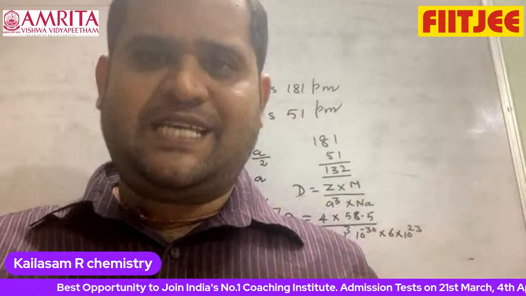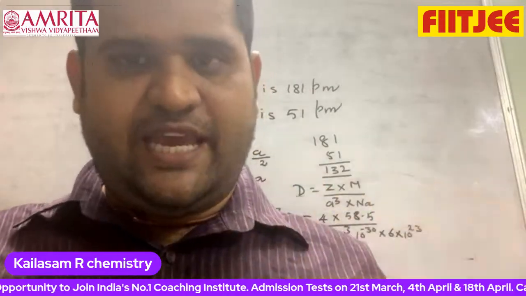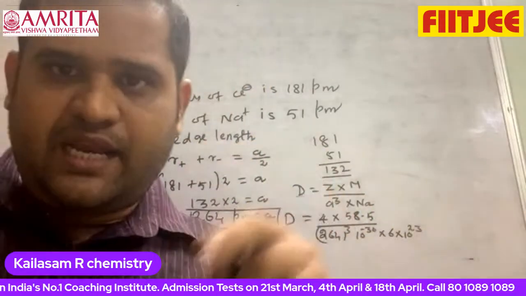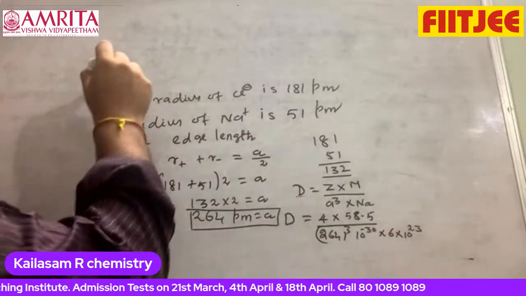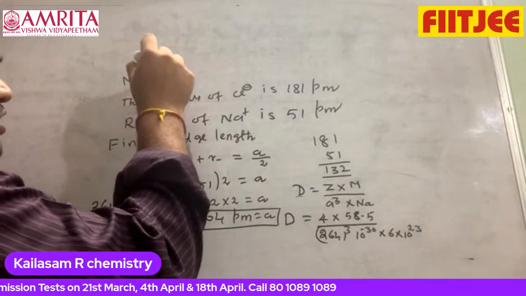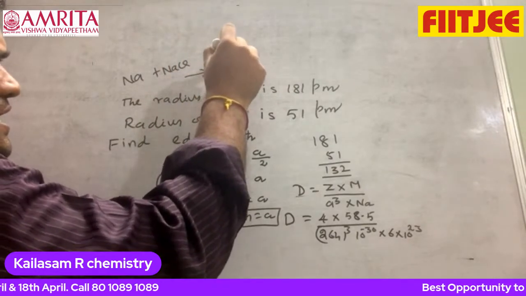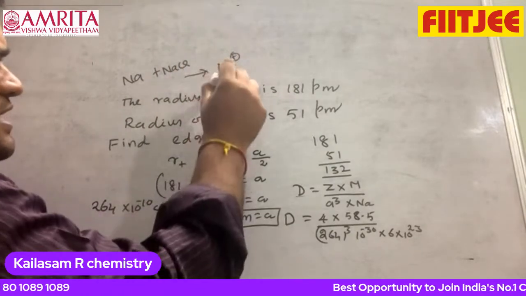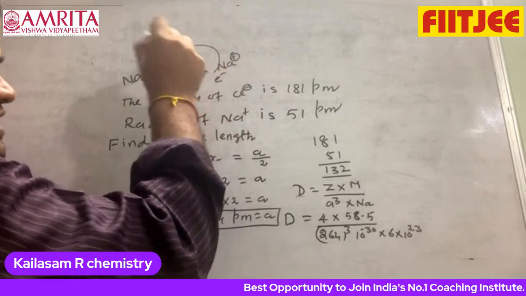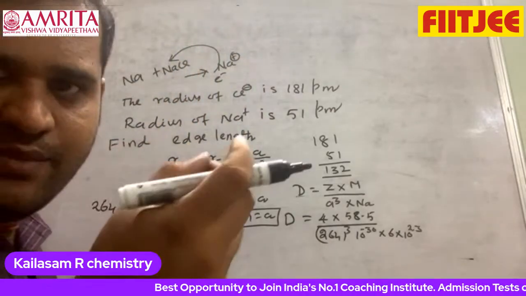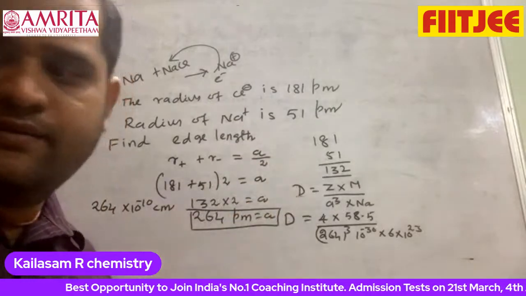Metal excess defect, for example, sodium metal, when we heat it, produces color through F centers. Why? Because NaCl, what is going to happen? Na becomes Na plus, and the electron is there. The electron is going to occupy the place of the missing anion in the NaCl lattice.